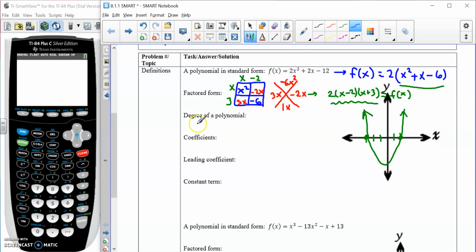So I know that because it is a 2 on that term, my degree is going to be 2. And that's because it's the highest exponent. Okay, so that's a degree.